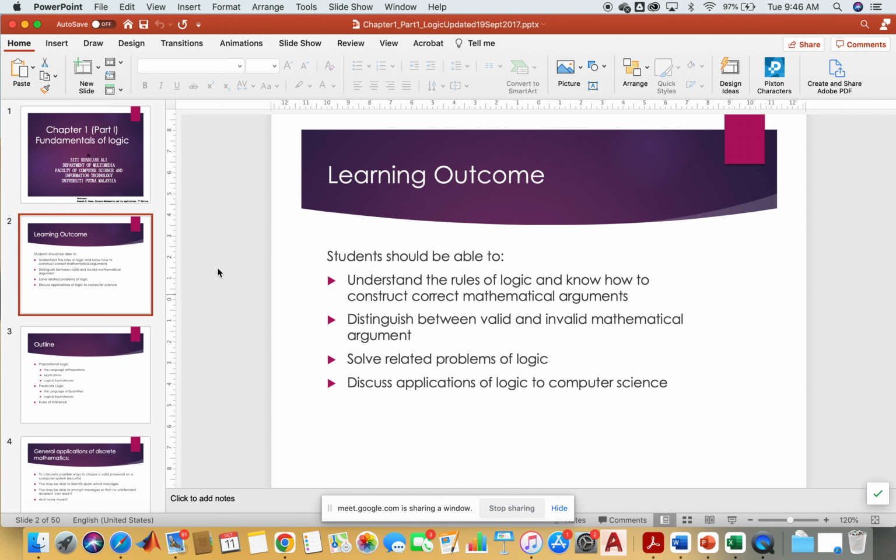Remember, when we talk about computer science, it's about logic. Logic and syntax must come together. Even if you have the logic, but you do not know the syntax, you still will not be able to solve the problem. Alright?